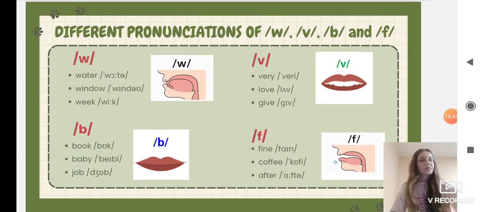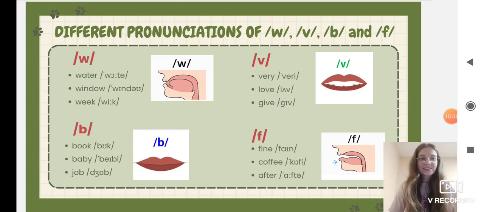And next we will talk about different pronunciations of W, V, B, and F. For W, you can hear how it's pronounced clearly while saying water, window, and week. For V, as you can see in this picture, you need to shape your mouth like this.